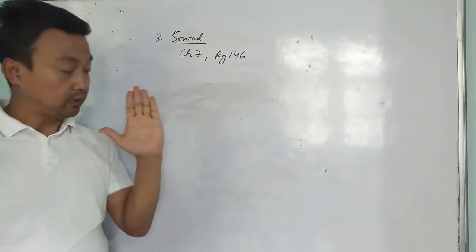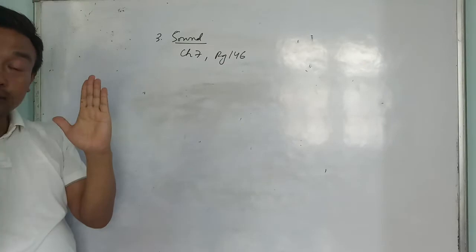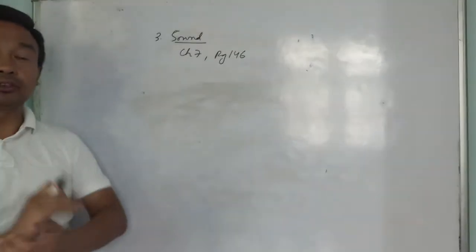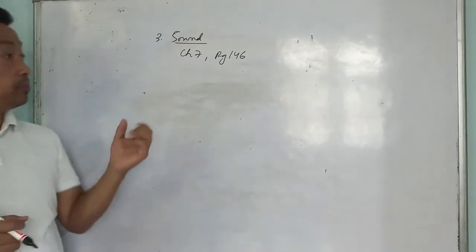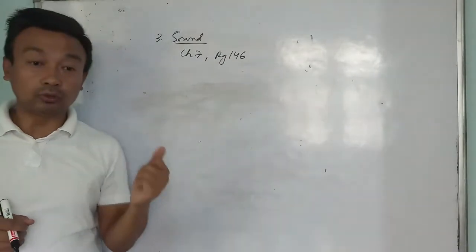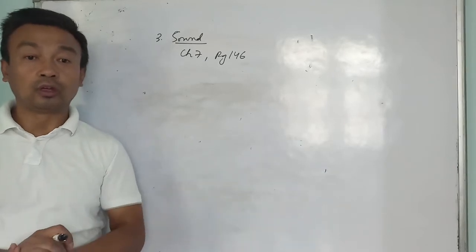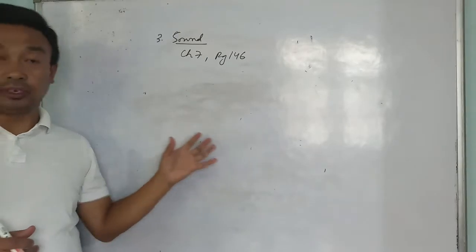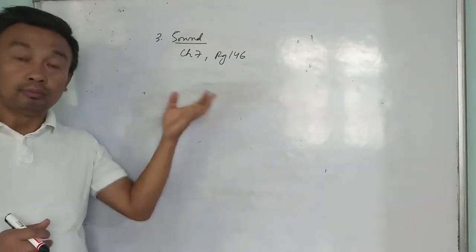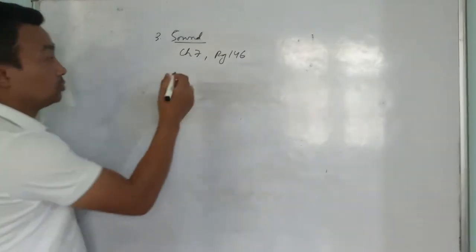The sound travels like this, strikes, and returns back into the same medium. So that is called the reflection of sound. Let me repeat: the return of a sound wave on striking any obstacle or surface, back into the same medium, is called the reflection of sound.